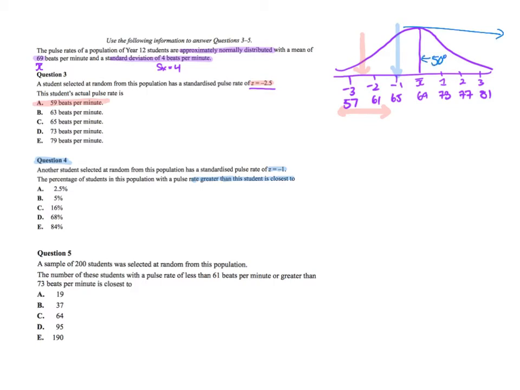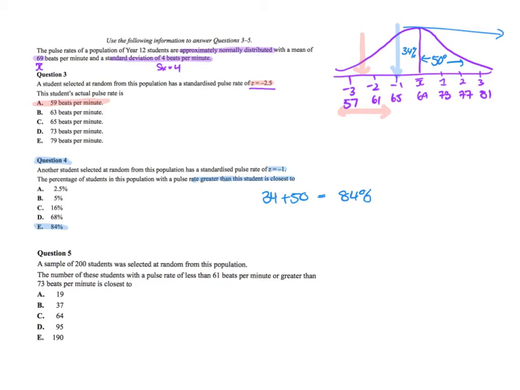Are you happy with that? Up to the mean. And if you remember, if you go back to that table, between the mean and -1 was 34%. Yeah? So how much greater? I'm going to say, well, it's 34 plus the 50, which equals 84%. So what percentage was it? 84, E, sorry, beg your pardon.